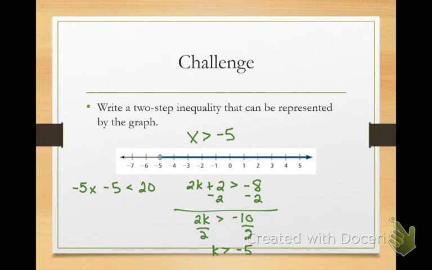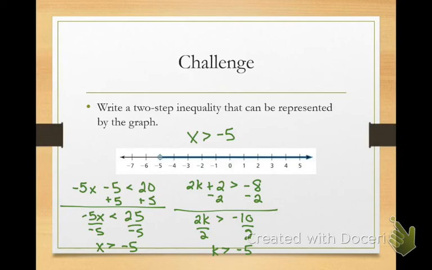So when she added 5 to both sides, she got positive 25. Negative 5x was less than positive 25. Well, divide both sides by negative 5, reverse my inequality, and I'm still at my target solution. Very well done. Good job.